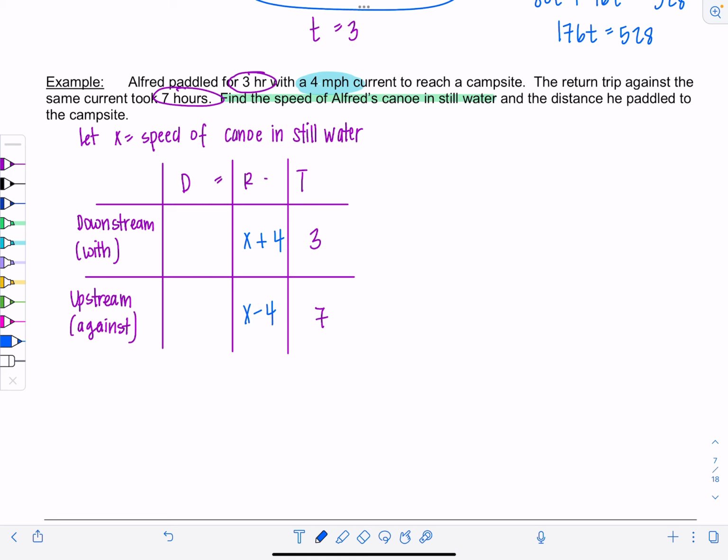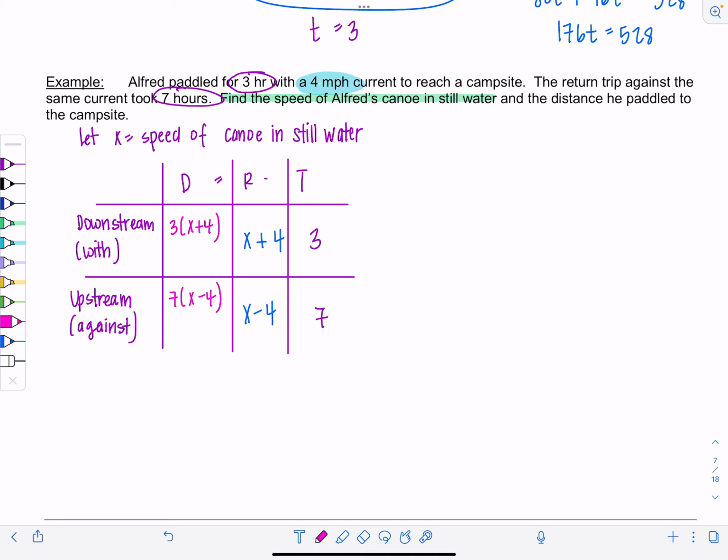Okay. And then the old way that we did this, you would just take these 2 columns, multiply them since distance equals rate times time. And then here you would write 3 times x plus 4 and 7 times x minus 4. That's how we did this in the previous lessons.